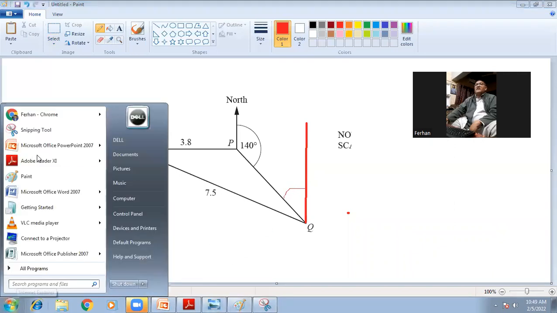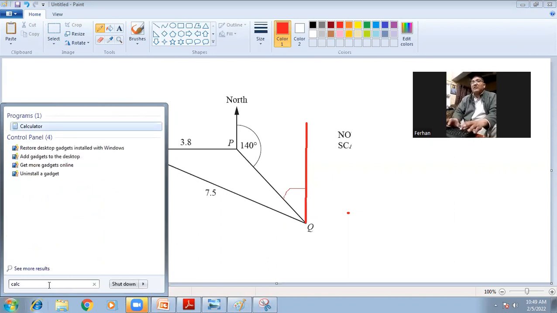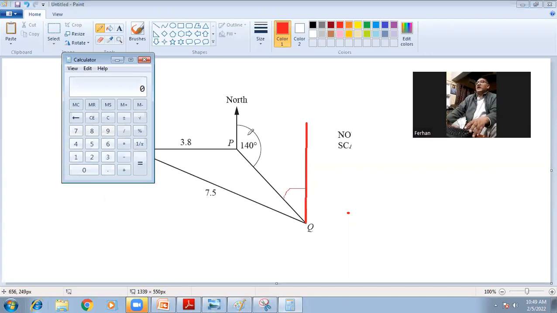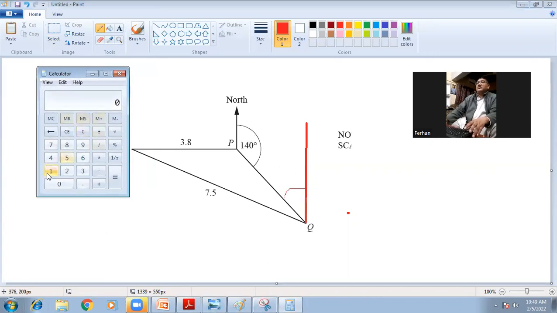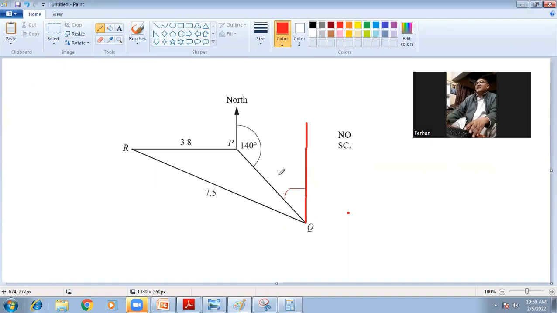How you can find out this angle? Very easy. Take out the calculator. These two angles are alike to each other, so the sum is 180. So from 180, subtract 140. You get 40. So this angle is how much? 40.